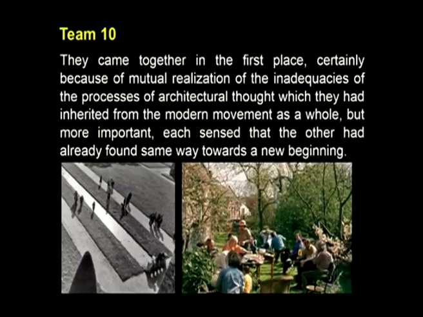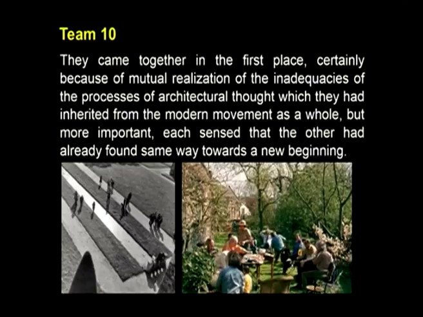The Team 10 people, they came together in the first place because of mutual realization of the inadequacies of the process of architectural thought which they had inherited from the modern movement as a whole. But more important, each sensed that the other had already found some way towards a new beginning. The entire Team 10 ideology was to be against the modernist movement and against CIAM, because they thought that there were some processes which were inadequate in the modern movement.